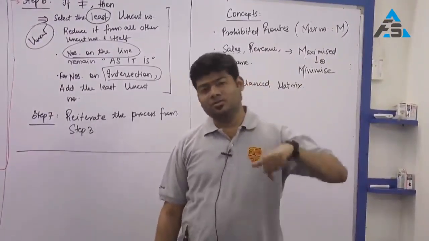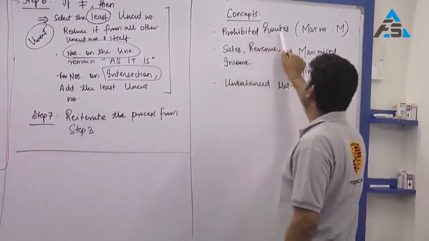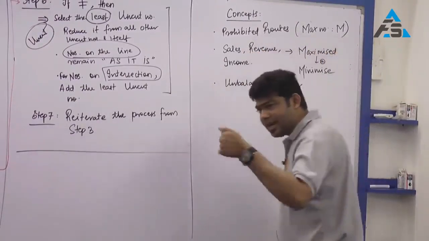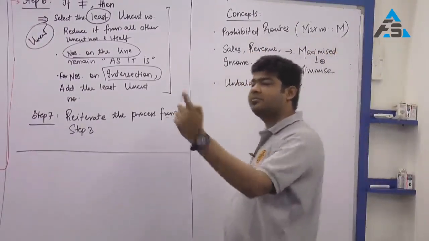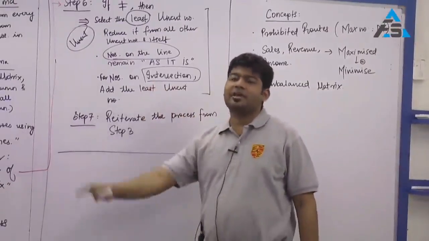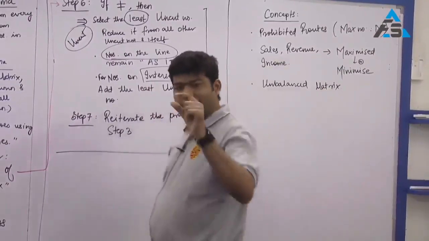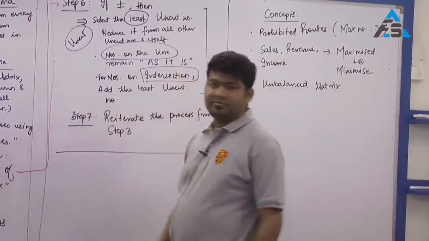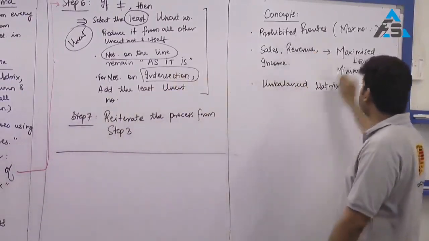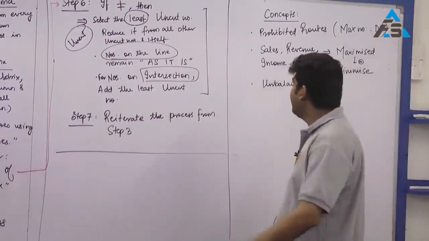So if there is no assignment possibility there, we call it a prohibited route and we denote it by a maximum number M. Any number added to M, M. Any number subtracted from M, M. Anything done on M will always remain M, and there will never be assignment possibility at M, because assignment is done only when there is a 0 in our final matrix. So prohibited routes, you cannot have assignment possible here, represented by M, and till the end of the question this M will still remain M.